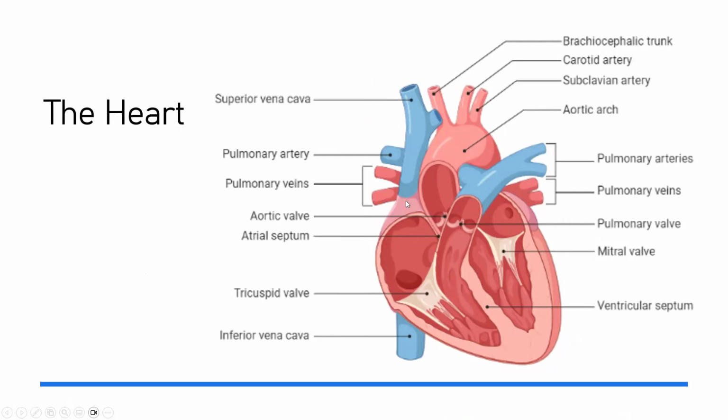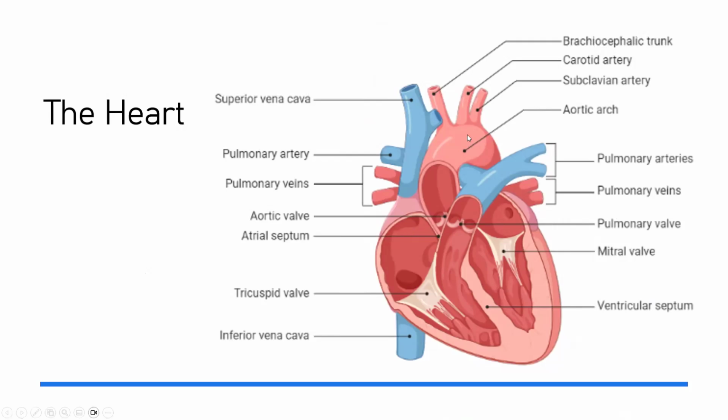Those are huge veins that are bringing blood from the body into the heart. And you'll note too, in any book you see, any diagram you see, that most drawings or diagrams that depict veins or the heart or anything cardiovascular will have red and blue.